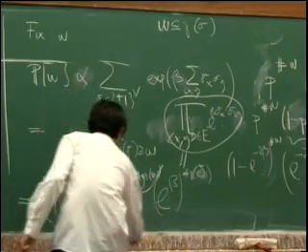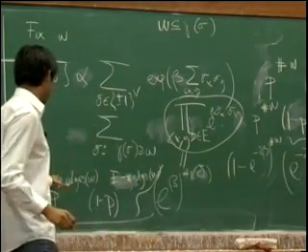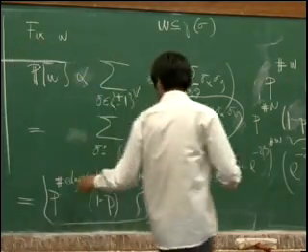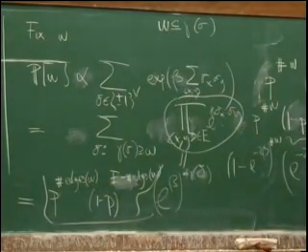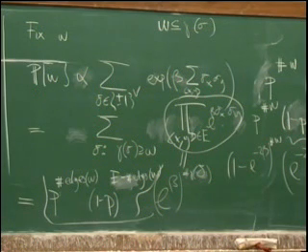Sorry, I'm a bit messy here. Let me just explain. You need to be a bit further from the blackboard to see what's going on. But the thing is just that all the spin configurations will have the same contribution.